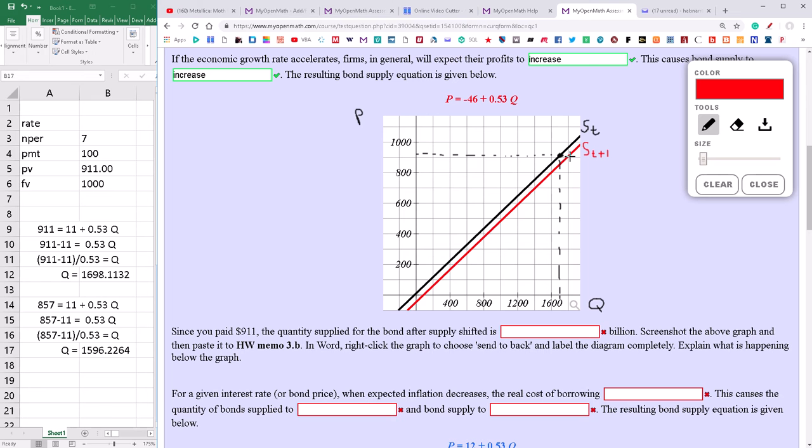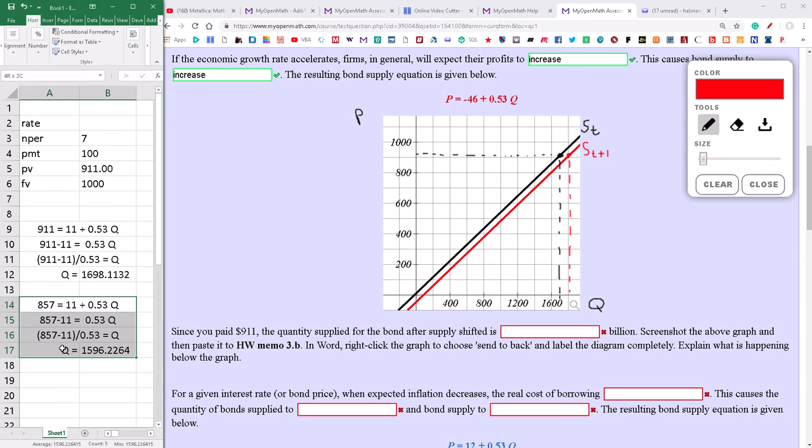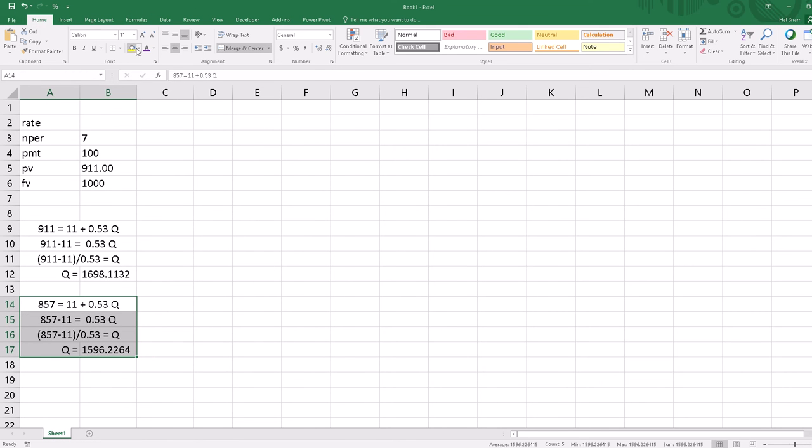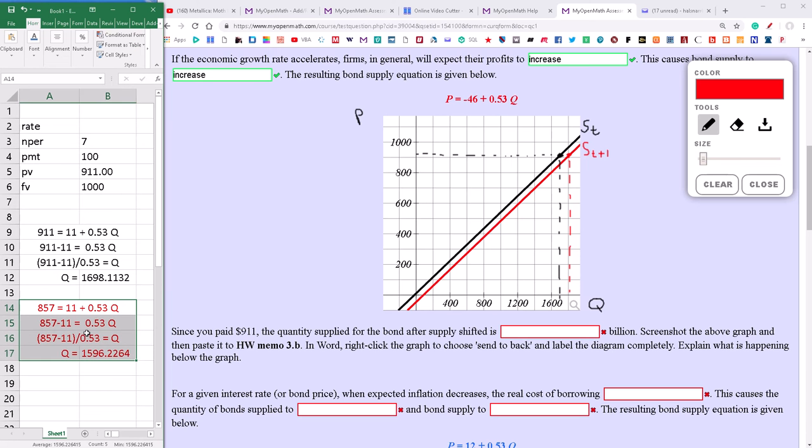And then what happens if we hold that price constant? When we go horizontal like this, we're holding price constant. What's the new quantity level? Well, I'm going to make all this red here, and then we'll change this back to what it was.